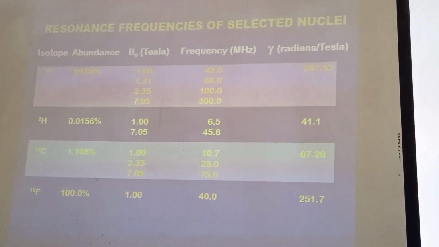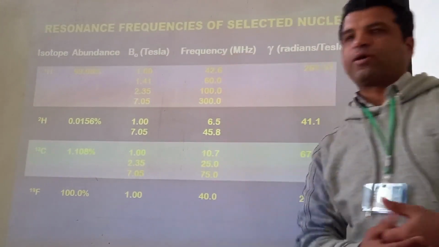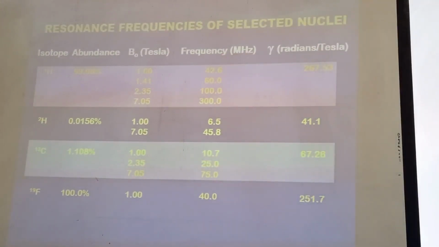And then we come to the Larmor frequency part. And this is very interesting and very useful. And that is the beauty of NMR, which I told you earlier last time, that you have carbons, oxygens, nitrogens, hydrogens all present in the same molecule.